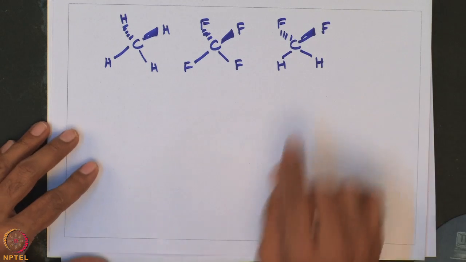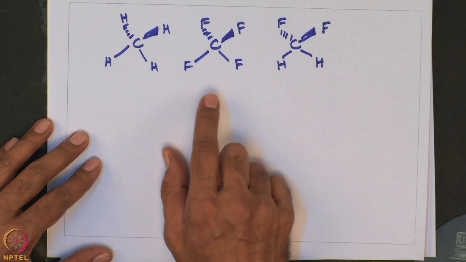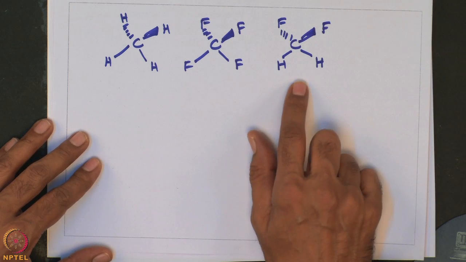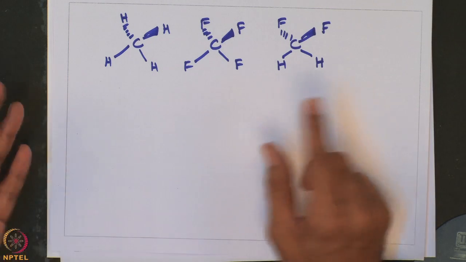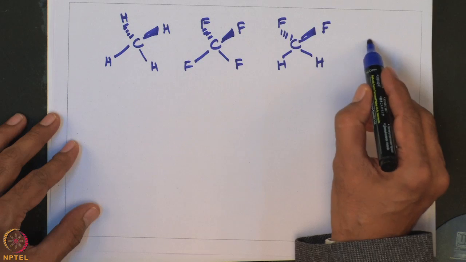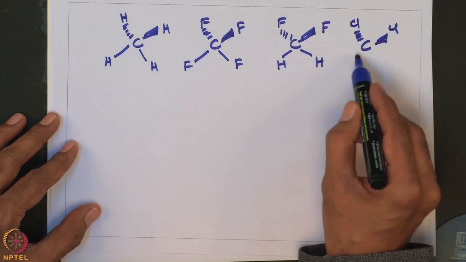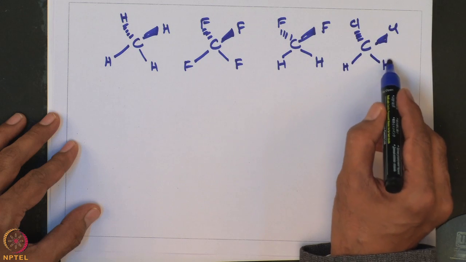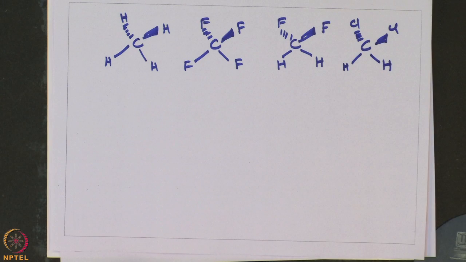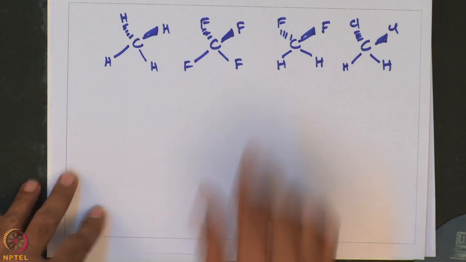So, I have given here three examples. One is methane, the other one is tetrafluoromethane, and the third one is difluoromethane. It can be difluoromethane, or we can also write dichloromethane. In all the four cases, we are using sp3 hybrid orbitals of carbon combining with either hydrogen or fluorine or chlorine corresponding orbitals to form these molecules.